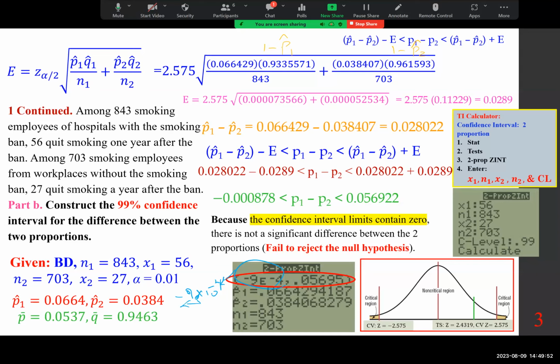You move it this way 4 places. Becomes this value. As you can see, this value versus this value. If I stop here, I have to change the 8 to 9. They are identical within 4 decimals.